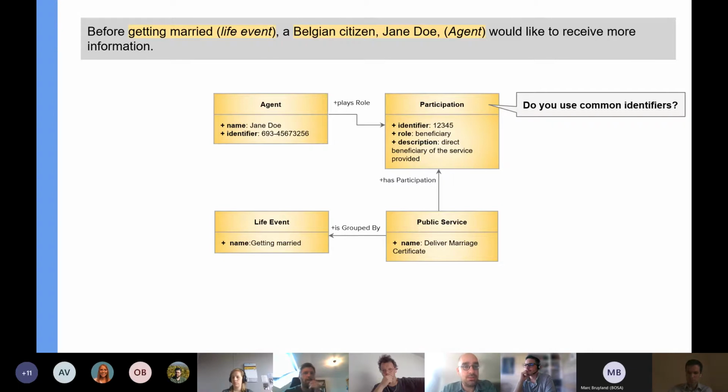So maybe this could fit in the notion of participation, although I'm not sure, because participation is a kind of relationship between the service and the agent. It's not about the profile of the agent, but the profile of the agent is important to define its relationship to the service.